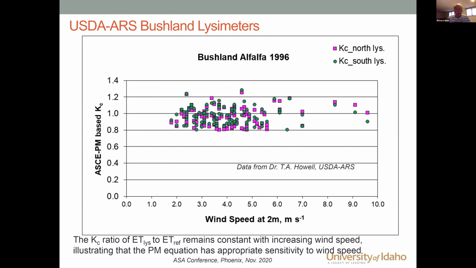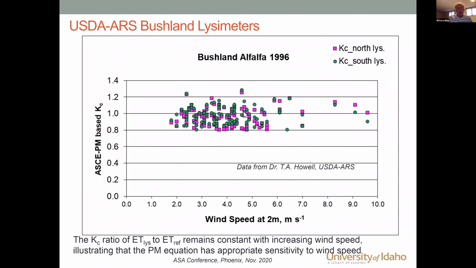So in this case, we saw ET rates measured as high as 17, 18 millimeters per day, just on a few days. But again, this tells us that the Penman-Monteith does a good job of estimating ET for a wide range of wind conditions, and it tells us that the actual measurement of alfalfa agrees with the Penman-Monteith equation under a wide range of wind speed conditions.